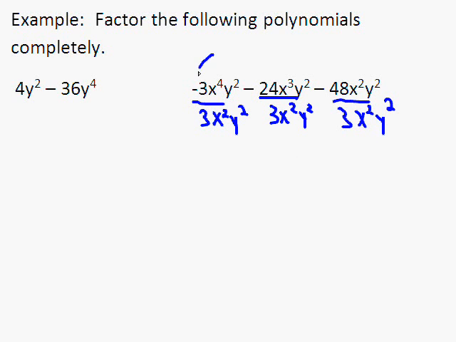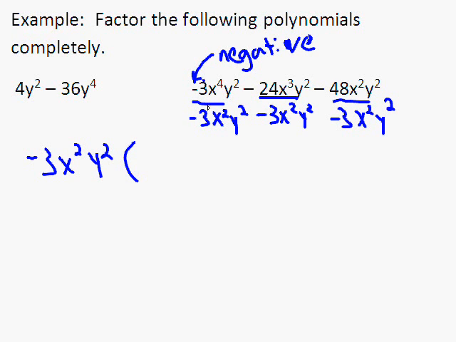Additionally, notice that our leading coefficient is negative. Anytime your leading coefficient is negative, you need to make it positive by dividing by either negative 1 or, in this case, a negative 3x squared y squared. That's going to make this leading coefficient positive. So we divide by negative 3x squared y squared on all of our terms, and that is our greatest common factor.